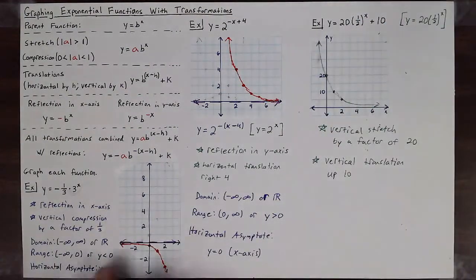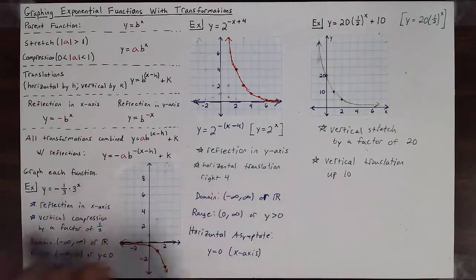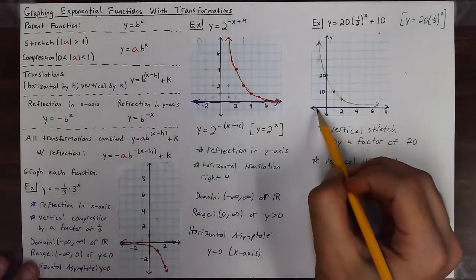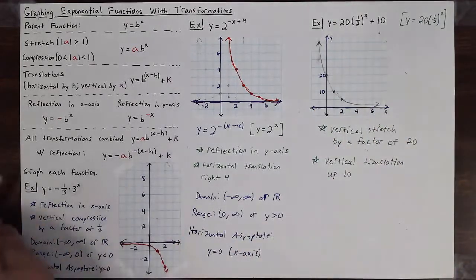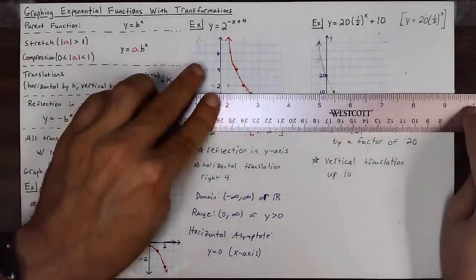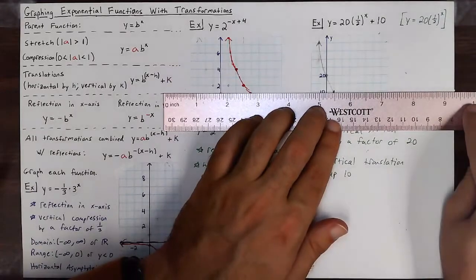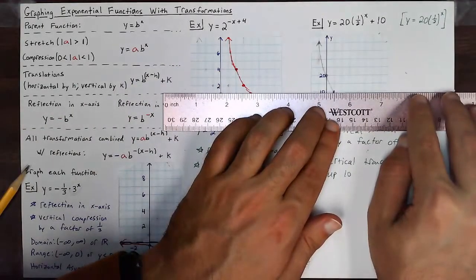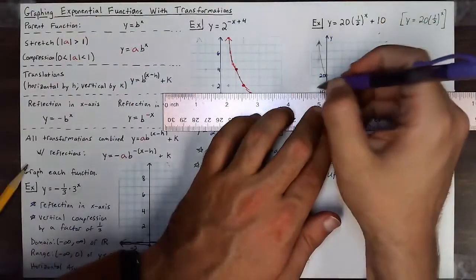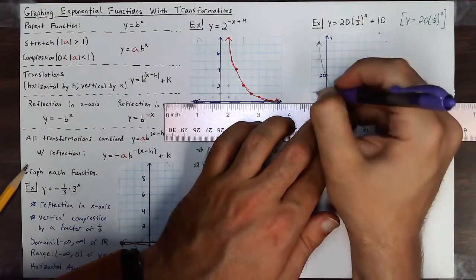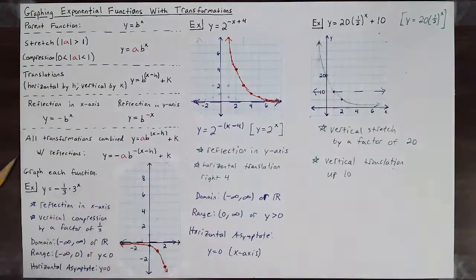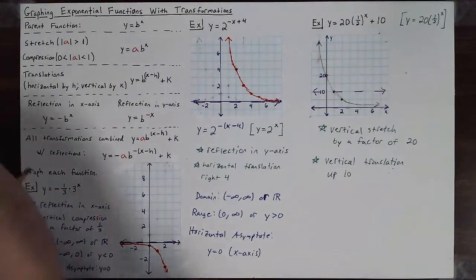Now we just need to incorporate the vertical translation. Originally my asymptote is at the x-axis, so when I shift things up, that asymptote will actually shift up as well, to y equals 10 this time. And every point gets shifted up 10 units. This will be the last thing.